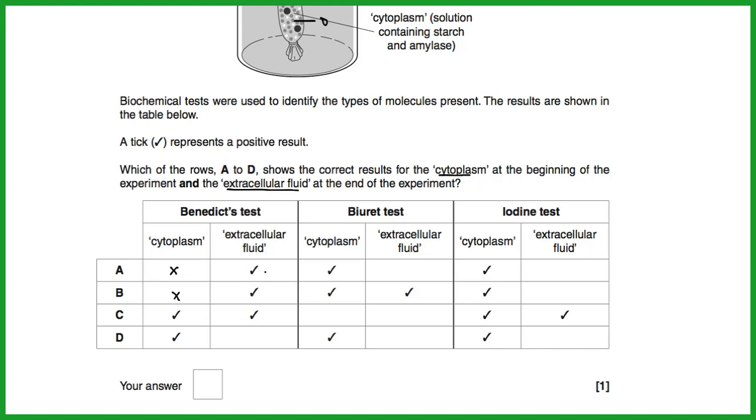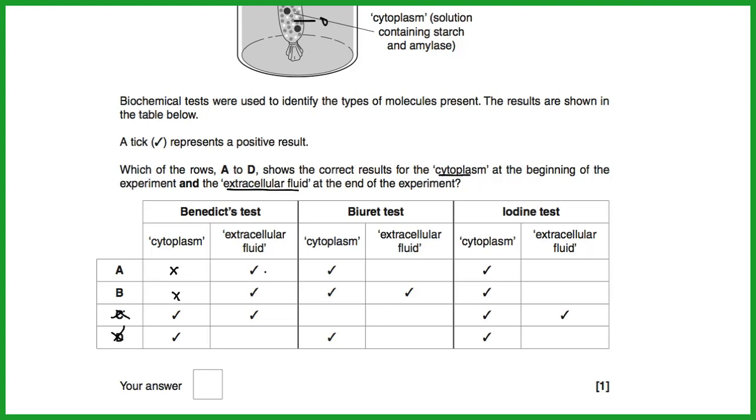So the starch would have been hydrolyzed to maltose, and then the maltose would have diffused out. So there's no maltose present at the beginning, but there is maltose present in the extracellular fluid at the end of the experiment. So this means we can discard C and D because they're definitely wrong.